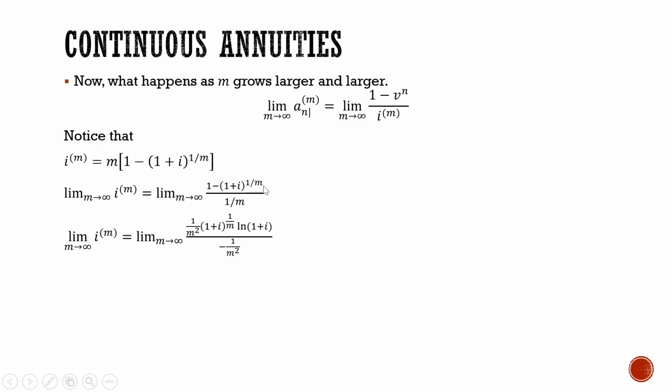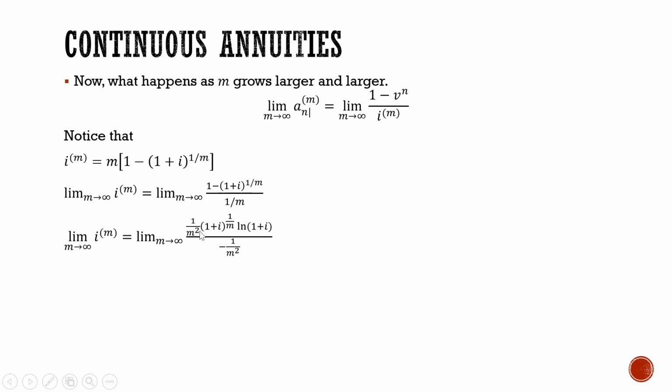So u here is 1 over m, and the derivative of 1 over m is negative 1 over m squared. Then a to the u is 1 plus i to the 1 over m, and we have natural log of 1 plus i, over negative 1 over m squared, because the derivative of 1 over m is negative 1 over m squared.